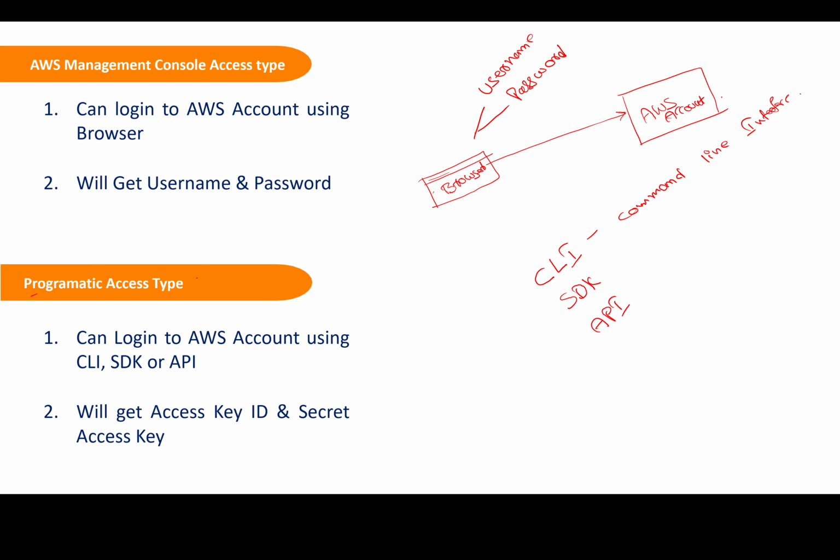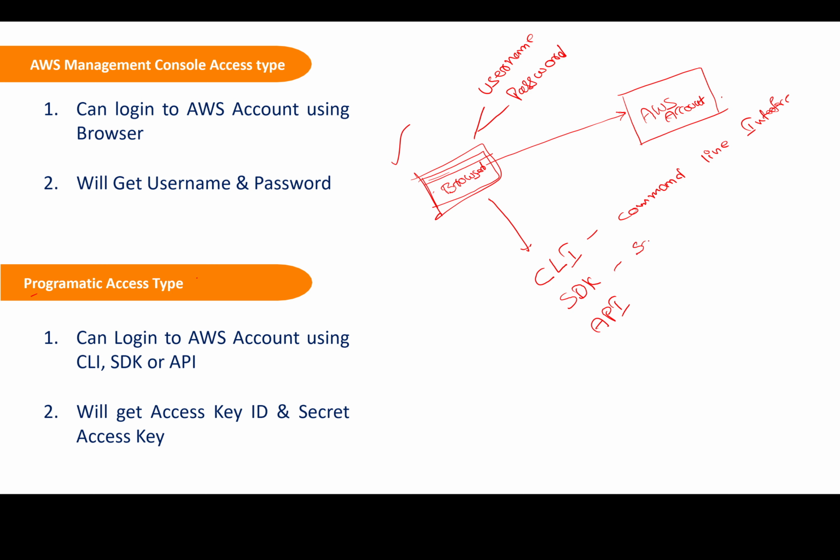By opening a command prompt, you can execute commands and communicate with the AWS account. Whatever we can do with the browser, the same thing we can do with the CLI also. Generally, as solutions architects, we use the management console access type. Then who can use the CLI? Generally, the DevOps team will use the command line interface tools.